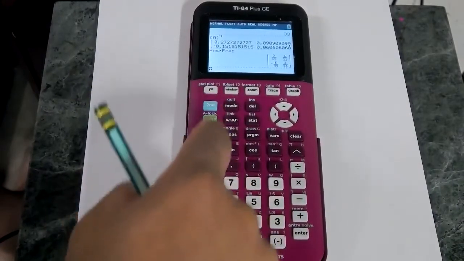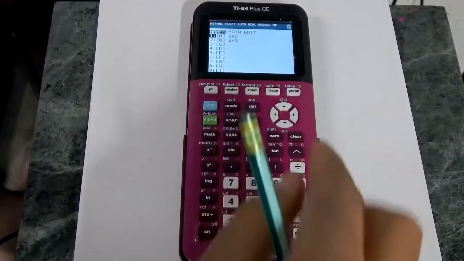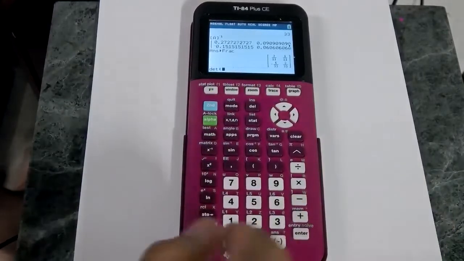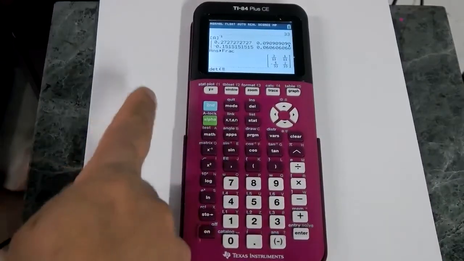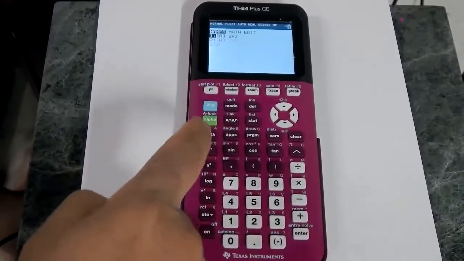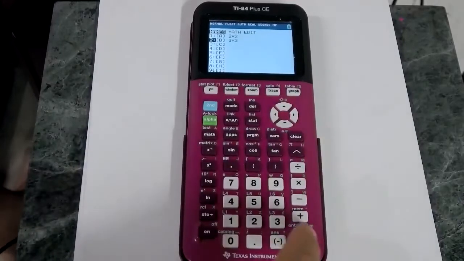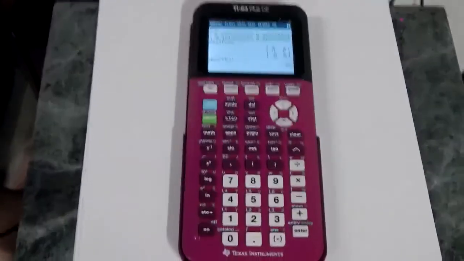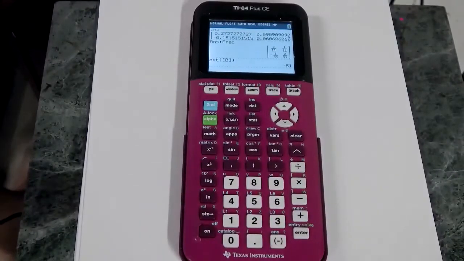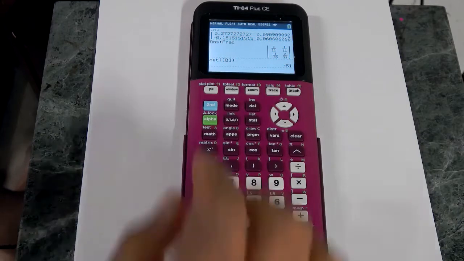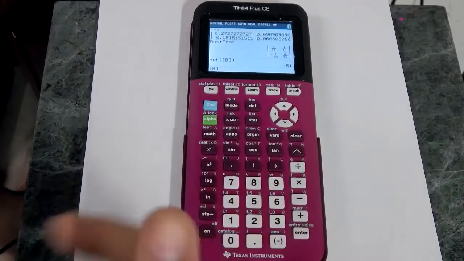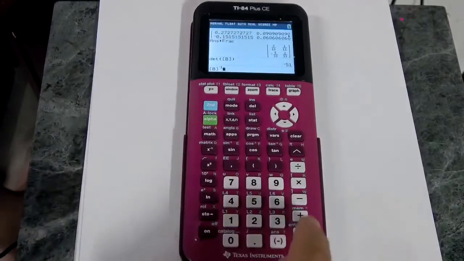So go to matrix. And if I want to find a determinant, so I go to math, determinant, and we want matrix B. So I got to go back into the matrix and go down to B, call it out. Boom. This is how I got negative 51. And now if I want to do the inverse of matrix B, let me call out matrix B, I'm calling it out, inverse.